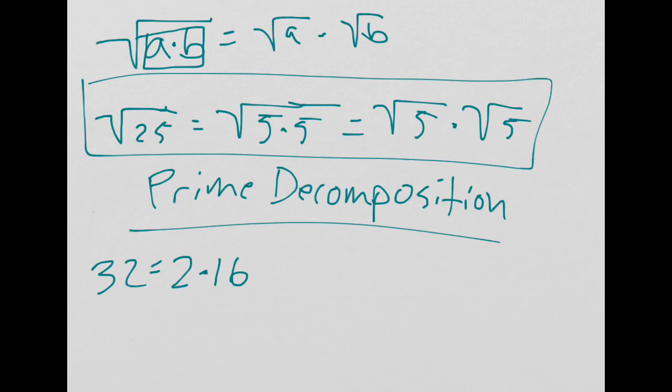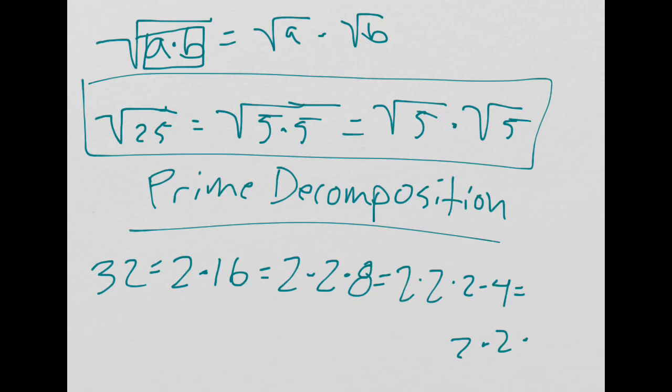Well, I can keep going, and I notice 16 is also an even number. So again, I can divide by 2. So I can write this as 2 times 2 times 8. Well, I can keep this going again: 8 is 2 times 4. And then one more step: 4 is 2 times 2. So the prime decomposition of 32 is 2 to the power of 5.